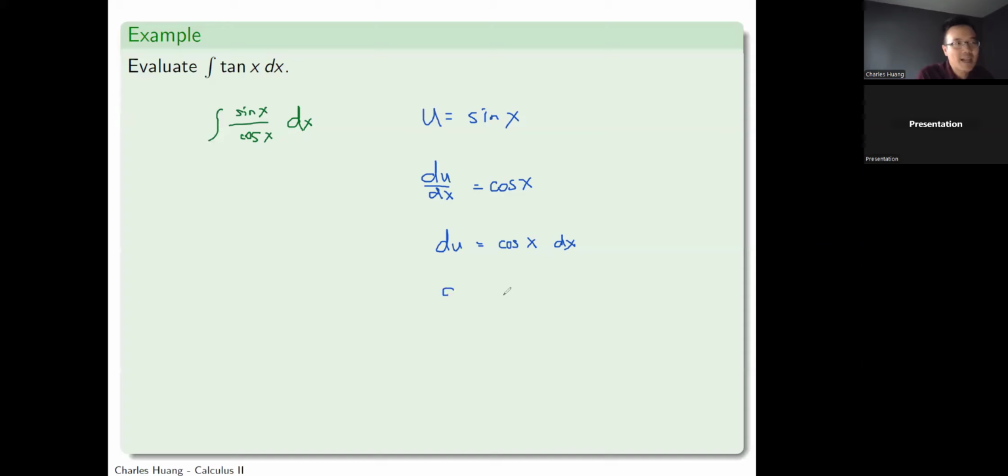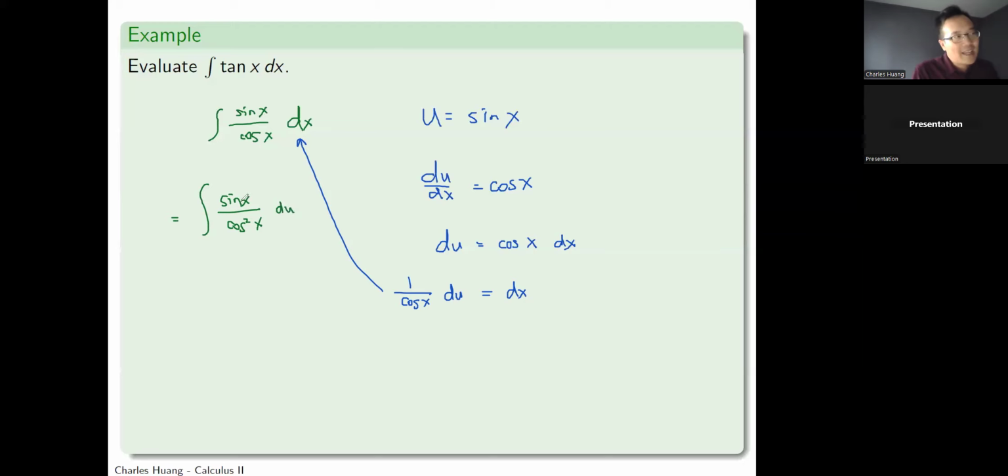And you will see that if I write dx is equal to 1 over cos x du, and then try to substitute it inside, the cosine x doesn't go away, right? In fact, I have 2 different cosine x in the denominator, and I'll have cos squared. And that wouldn't work very well, because after you substitute, you'll end up having sine x over cos squared x du.